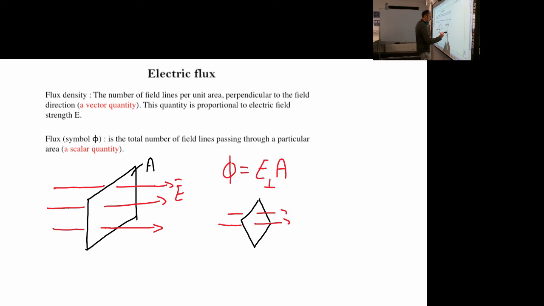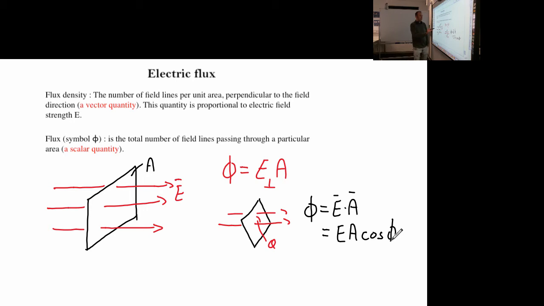The surface makes some angle theta with the field lines. Now we can write the flux as the dot product of our electric field and our area, because the dot product picks out the component perpendicular to the surface, which is equal to E A cos phi.